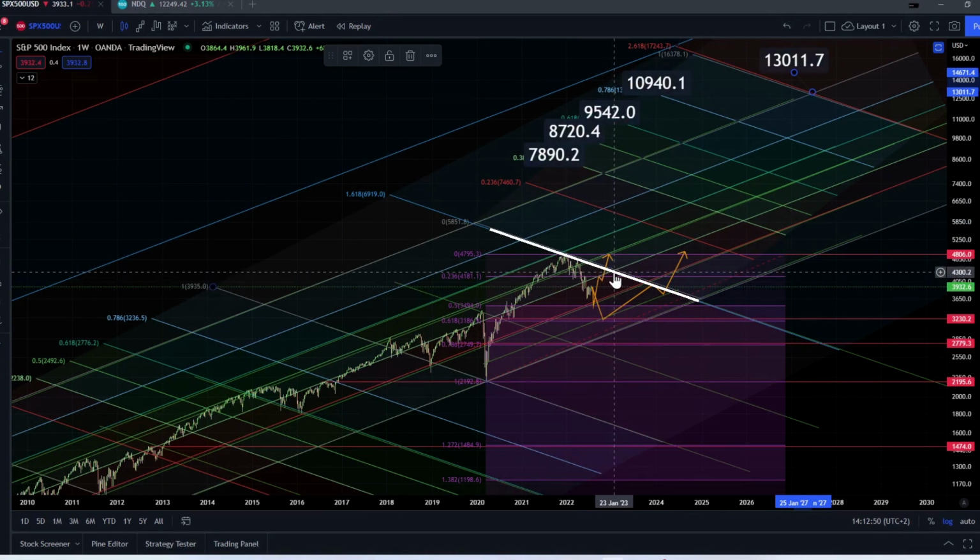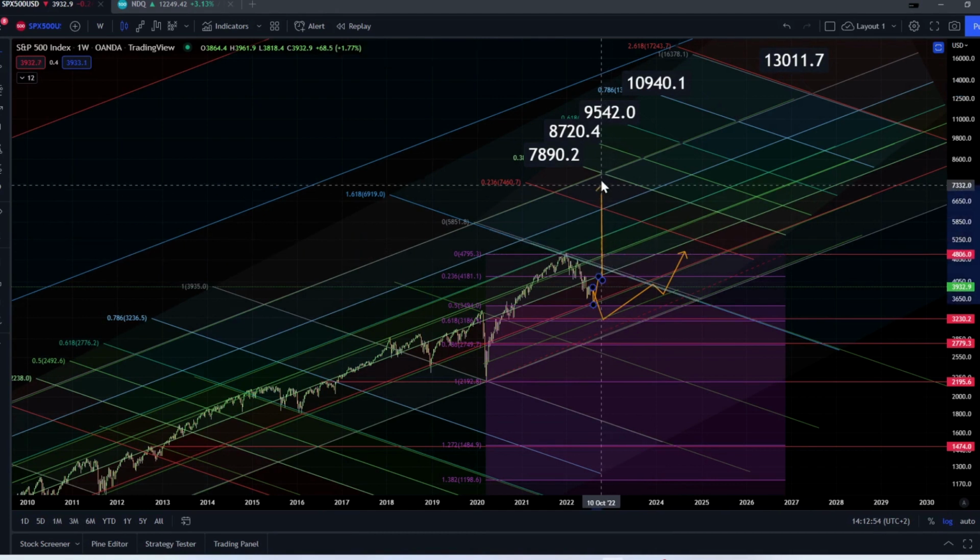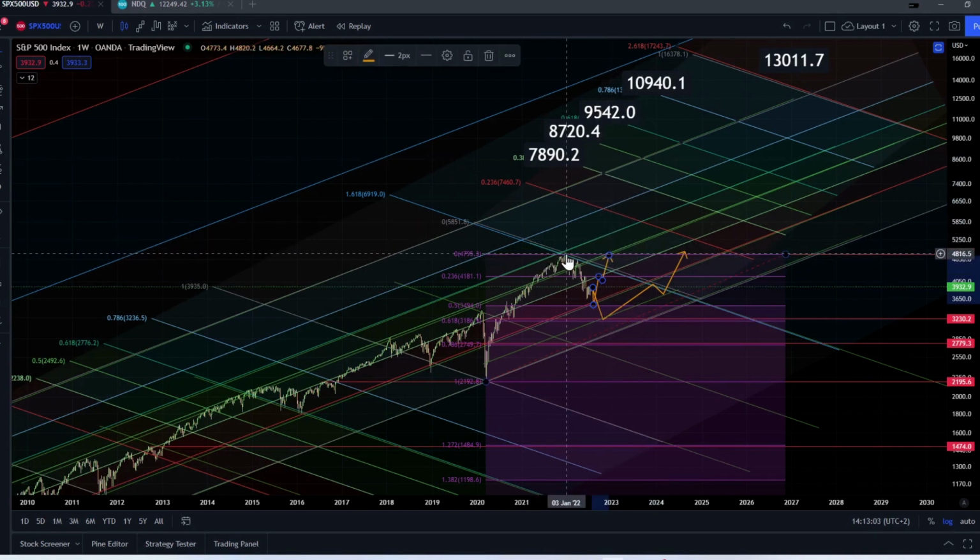So only if the market starts trading above this area, we would then see the market accelerating towards this area. First, the market would obviously try to reach the all-time high, and then resolve higher from there. Therefore, my long-term stance for now is neutral until we resolve out of this kind of triangular area.